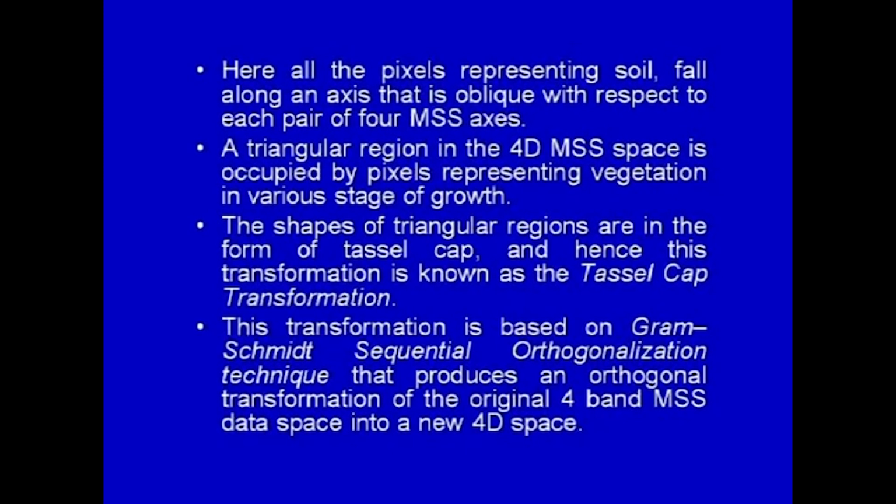The shape of the triangular region is in the form of a tassel cap, and hence this transformation is known as the tassel cap transformation. This transformation is based on Gram-Schmidt's sequential orthogonalization technique that produces an orthogonal transformation of the original 4-band MSS data space into a new 4D space.